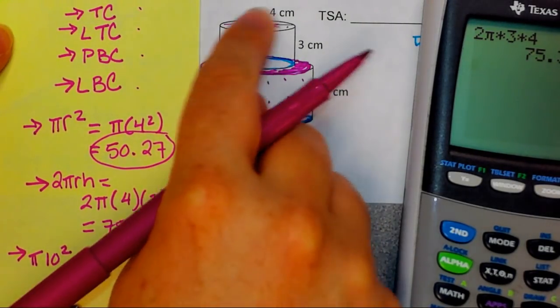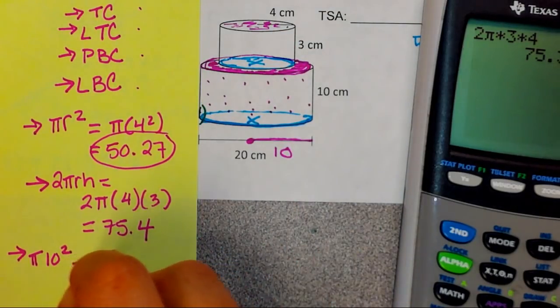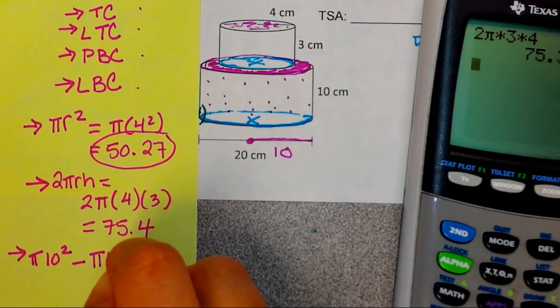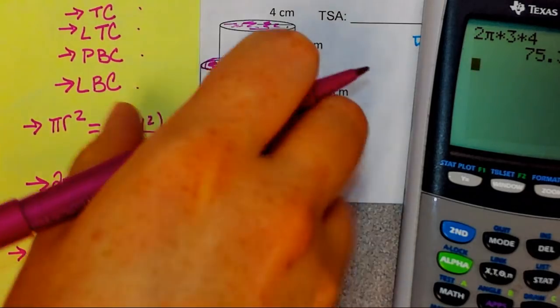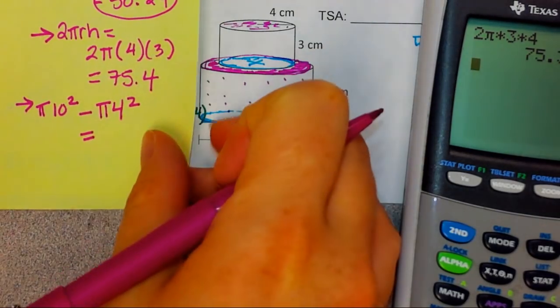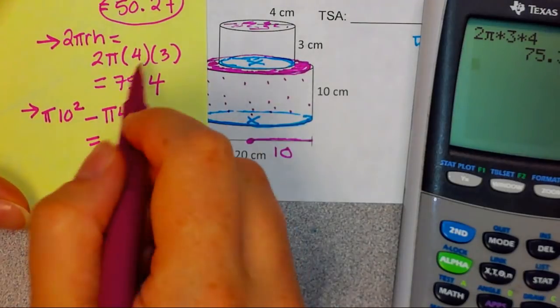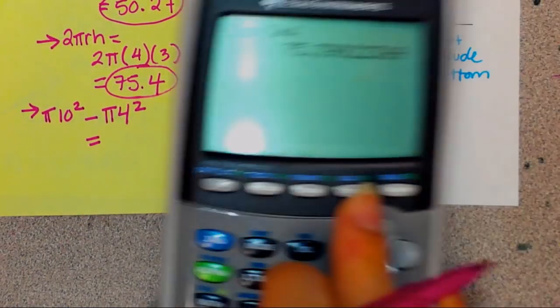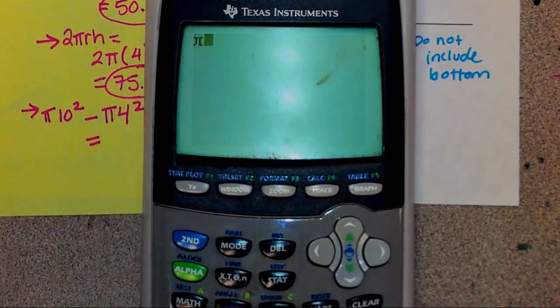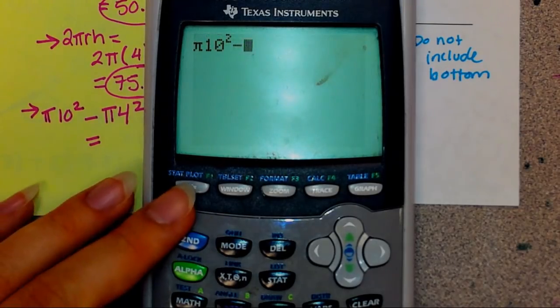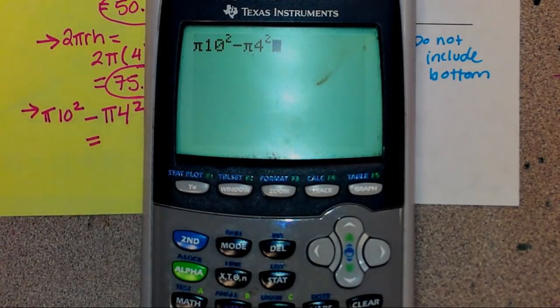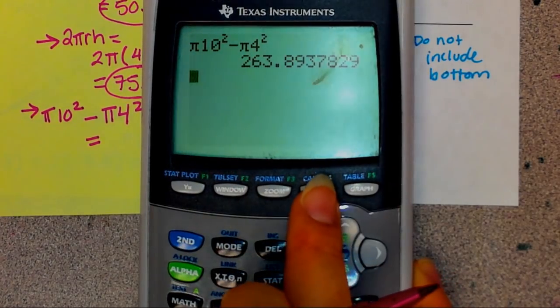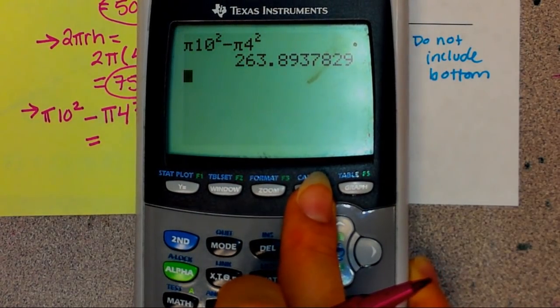And then for the little circle, our radius is 4, so I would want to subtract pi times 4 squared. Let's speed this up a little bit. So I've got pi times 10 squared minus pi times 4 squared. You can type it in just like that. And we get that that's about 263.9.